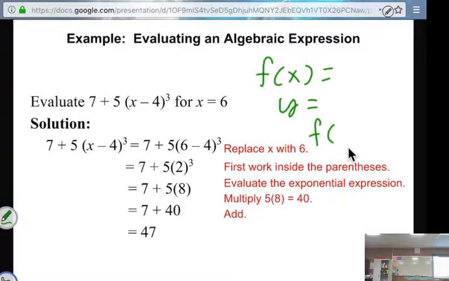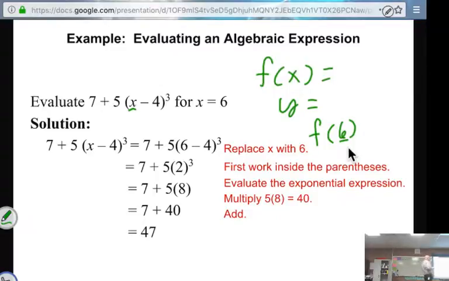Let's say, in this case, we would do f of 6. f of x is equal to 7 plus 5 times (x minus 4) cubed, and we do f of 6 equals. This just means plug in 6 anywhere you see an x. That's all it is. It's function notation. So if you see it with f, g, or h, they're all function notation. It's the same as y is equal to. You give me this x, what is the y?